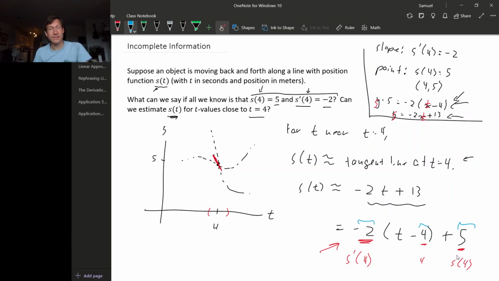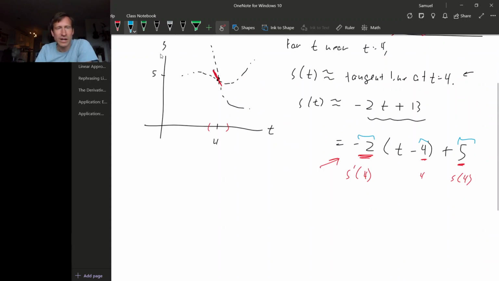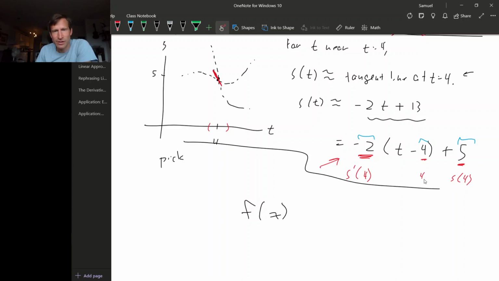So if we wanted to do this in general, for any function, what we need to do is first pick a fixed x value where we're going to approximate the function. This is called the base point. And to make this whole thing work, we have to know f of a and f prime of a.